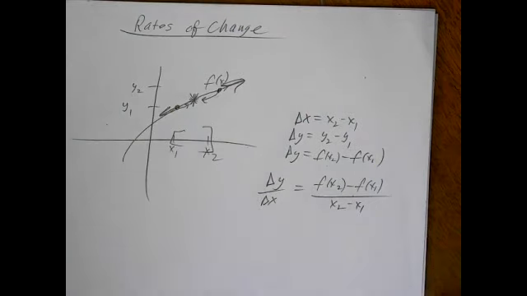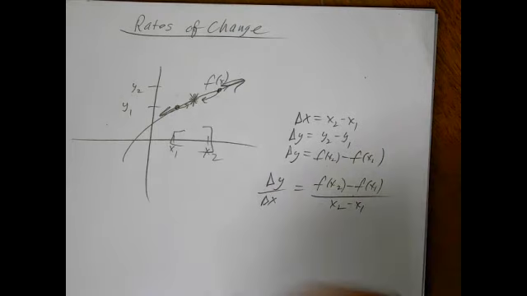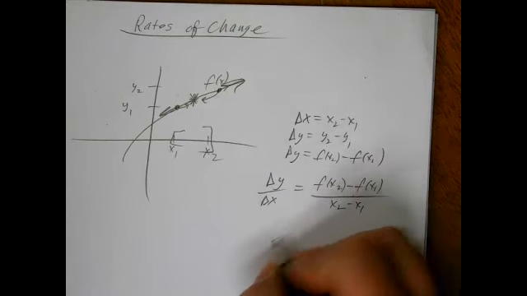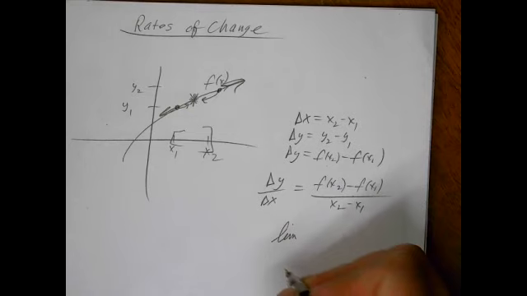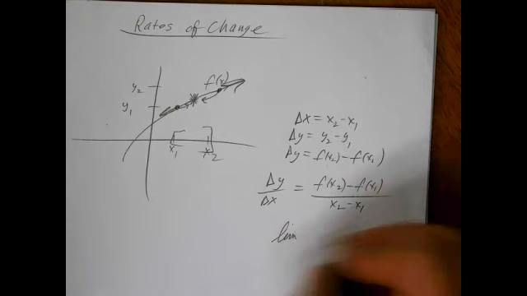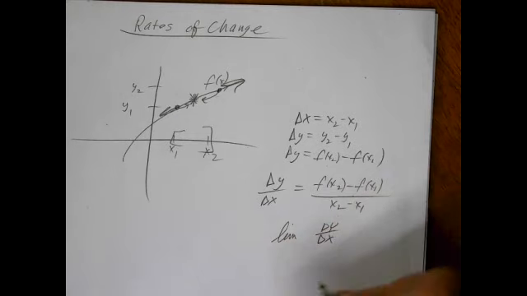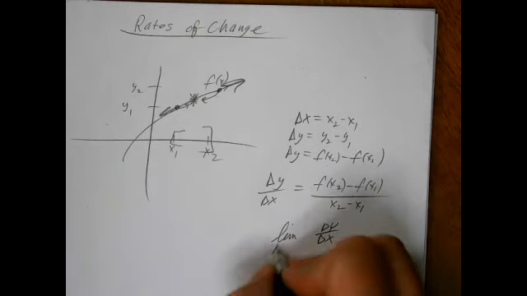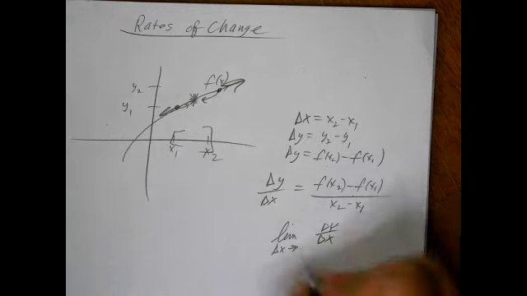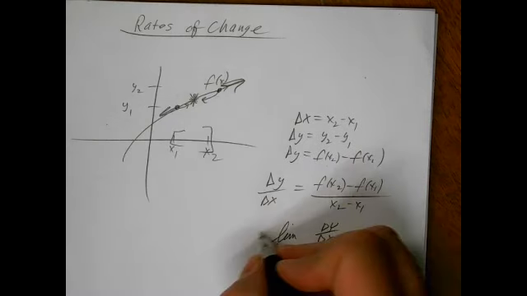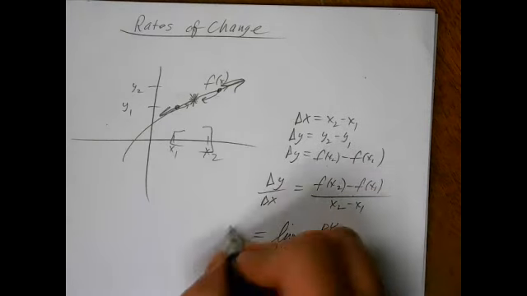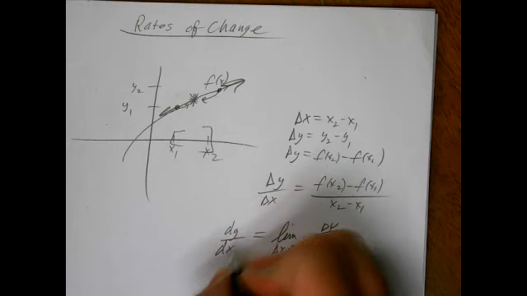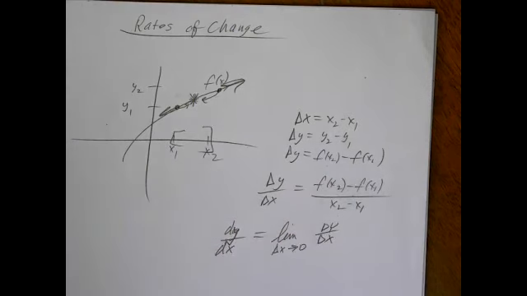In other words, what we want to do is find the limit of this difference quotient as the delta x approaches 0. And we've defined that symbolically as being our dy dx, which we all know as the derivative.